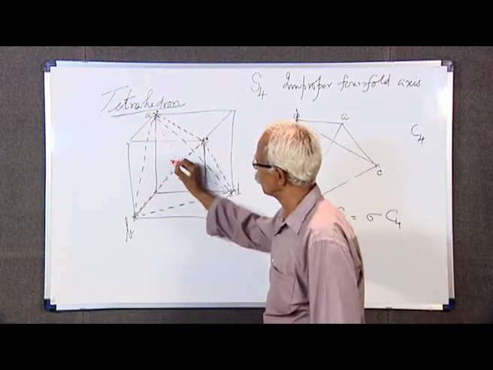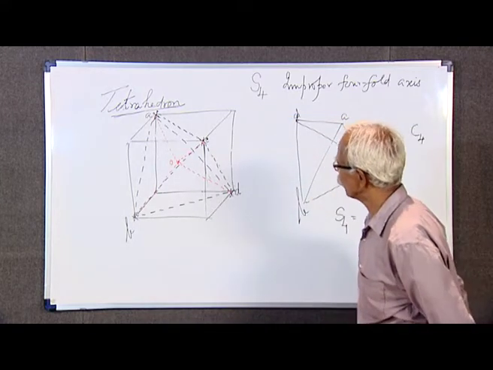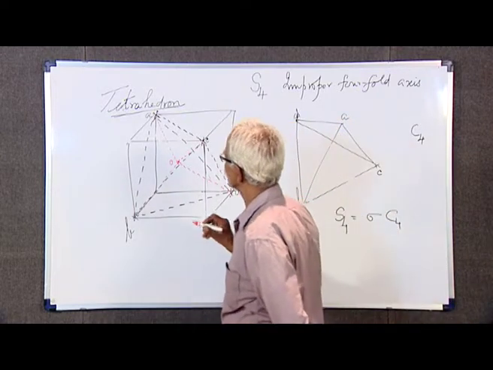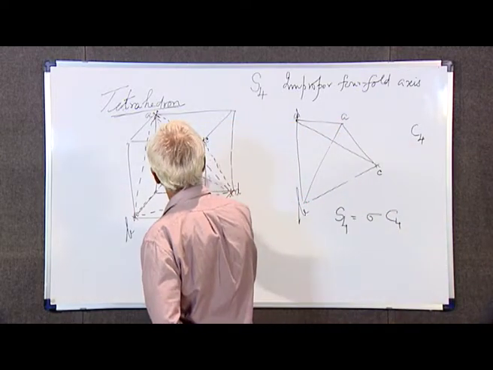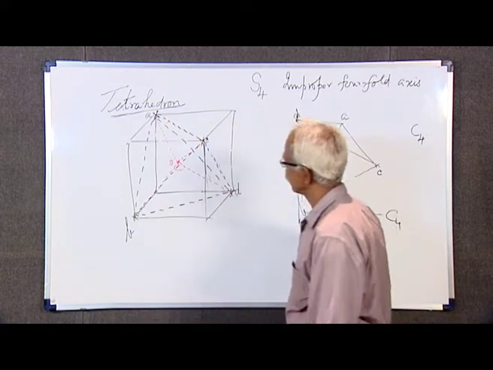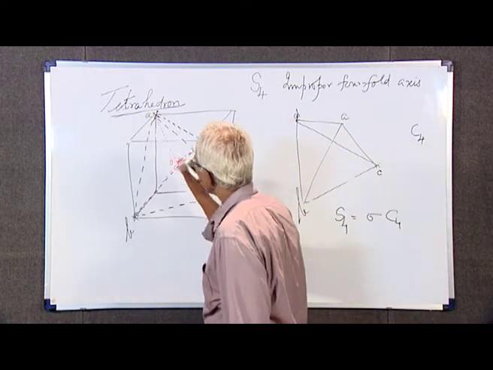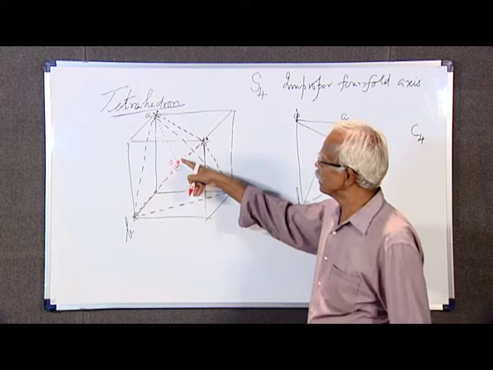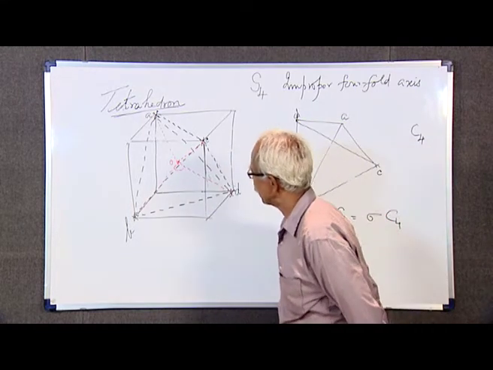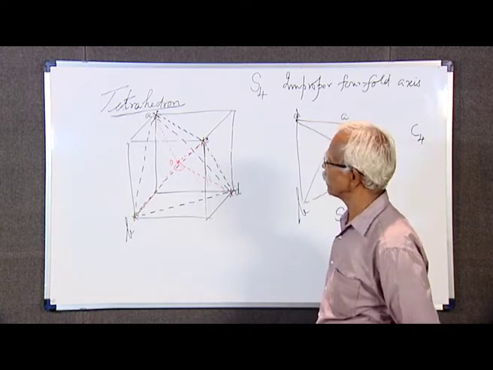This is O, the body center of the cube. OA, OB, OC, OD are the so called tetrahedral, they make tetrahedral angle. One can easily identify that OA, OB, OC, OD are respectively along the 4 body diagonals of the cube.